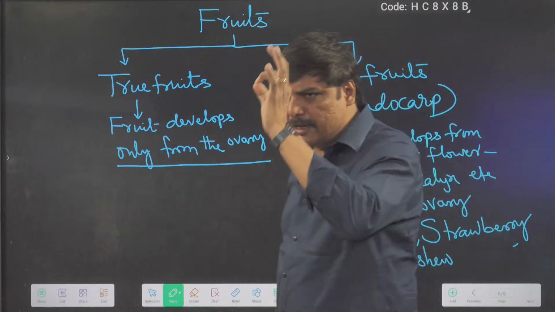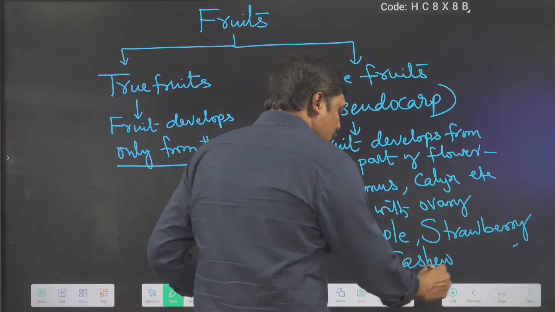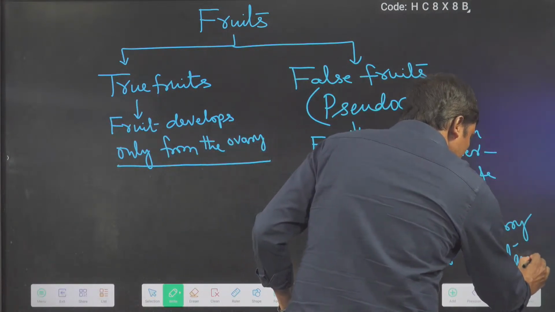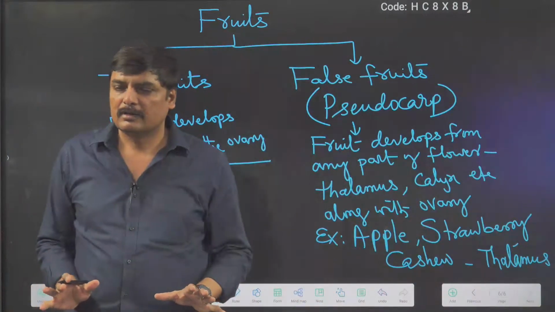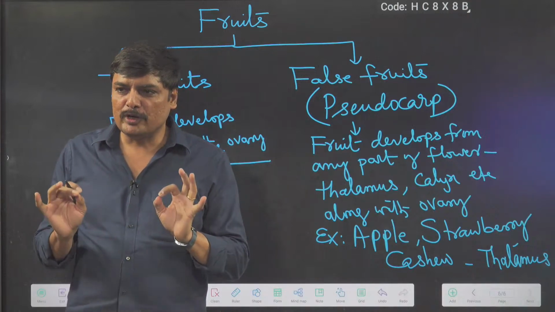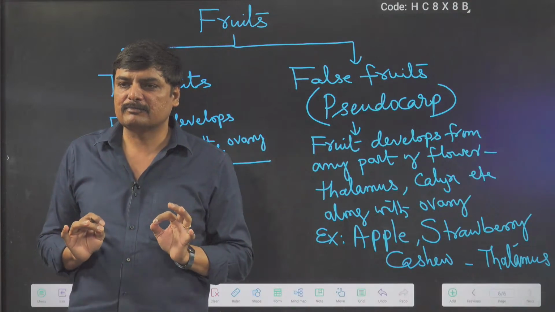In these three fruits, the false fruit develops from thalamus. Students, don't confuse. Slowly you can understand. This is very important.